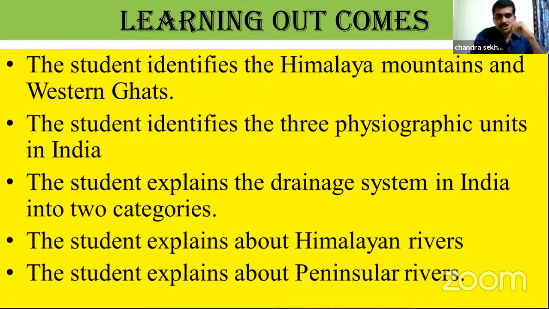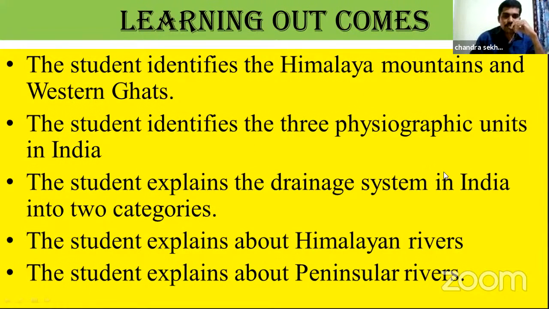So in this lesson we are going to learn about Himalayan rivers and perennial rivers. So by listening this class, the students identify the Himalaya mountains and the Western Ghats in the world India map, and the student identifies the three physiographic features in India.